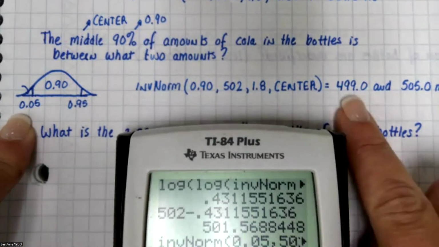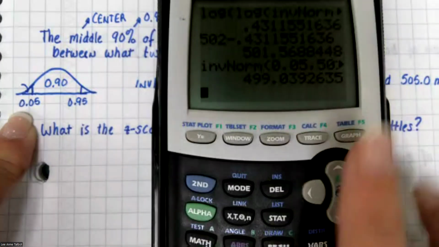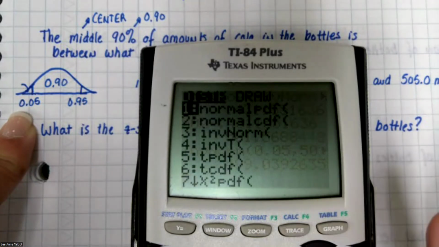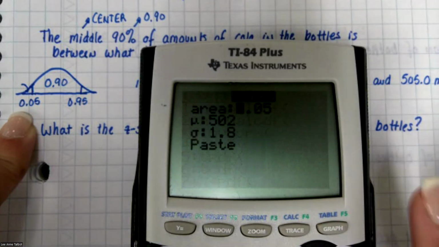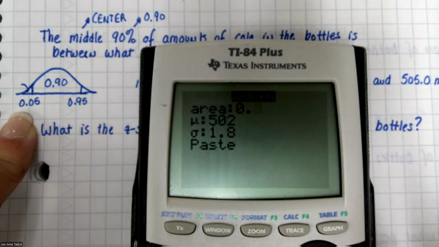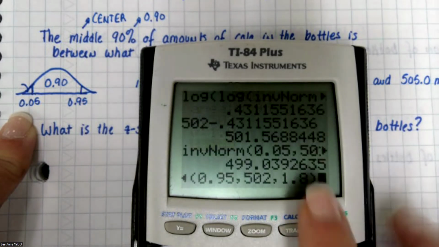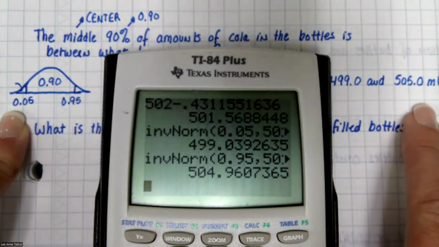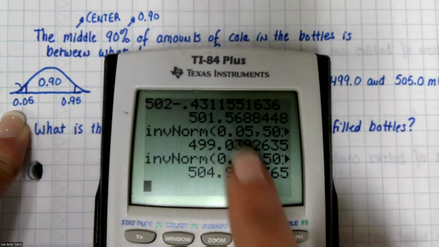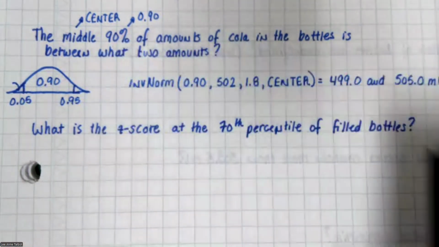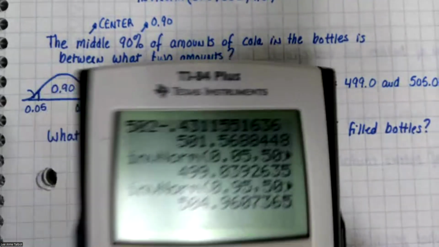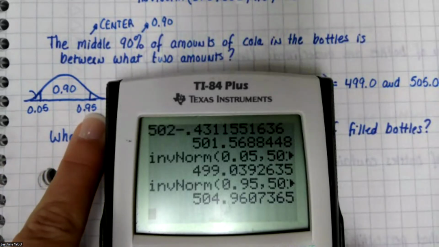And that will give you this one. And then you're going to go 0.95. And that would give you this one. You have to do it twice, once with the low, once with the high. So this guy and this guy.